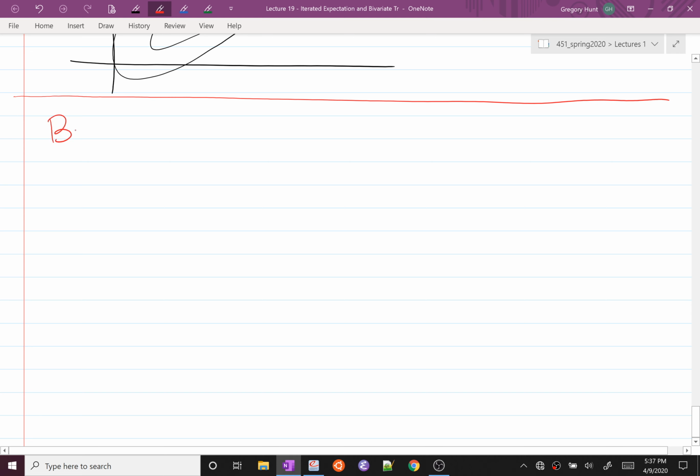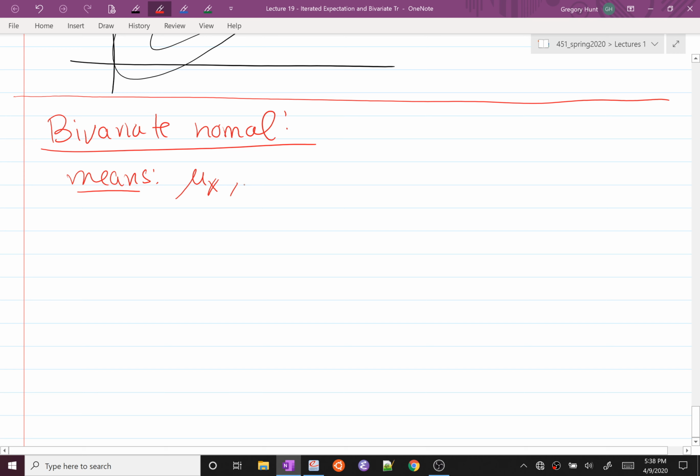So the bivariate normal has a bunch of parameters. It's parameterized by the means, mu x and mu y. Often we'll combine these into one parameter, mu, which is a two-component vector, mu x comma mu y.